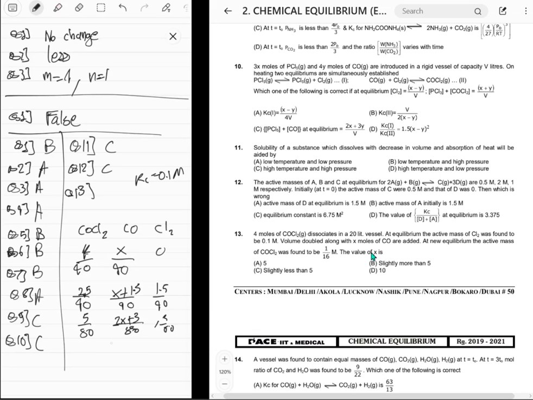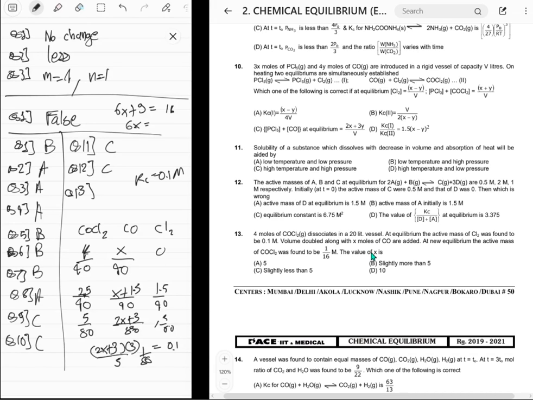So (2x plus 3) times 3 upon 5, times 1 upon 80, is equal to Kc, which is 0.1. That means 6x plus 9 is 8 times 5.